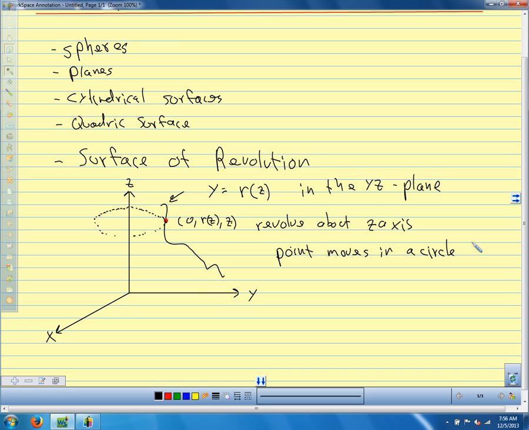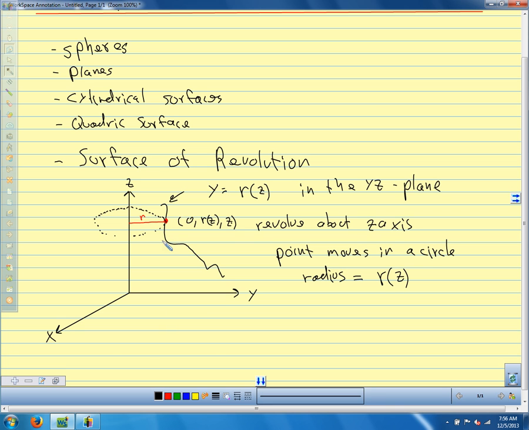It's going to be a circle parallel to the xy plane, and the radius is its distance from the z-axis, which is r of z. So the radius is r of z.